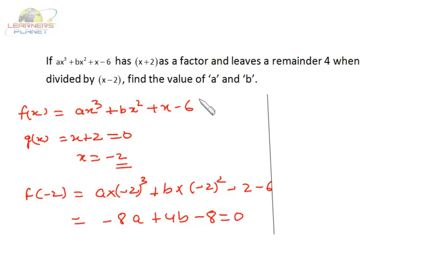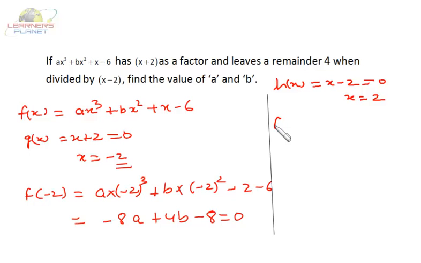So let h(x) be equal to x minus 2. So if this polynomial is divided by x minus 2, the remainder is 4. So first of all, by using remainder theorem, we calculate the remainder when this expression is divided by x minus 2. So first of all, find the zero of this, which is x is equal to 2.